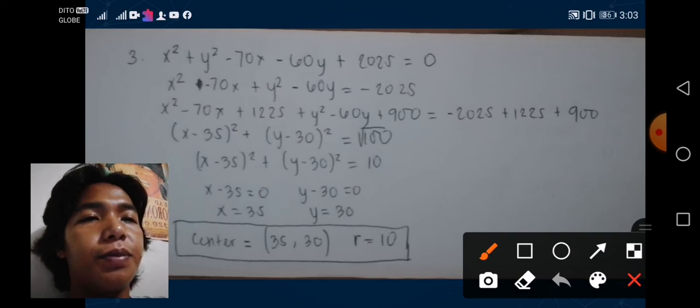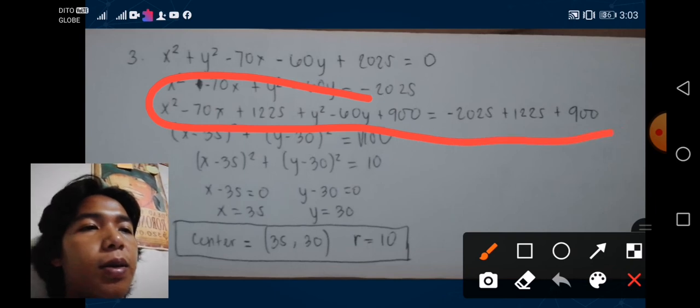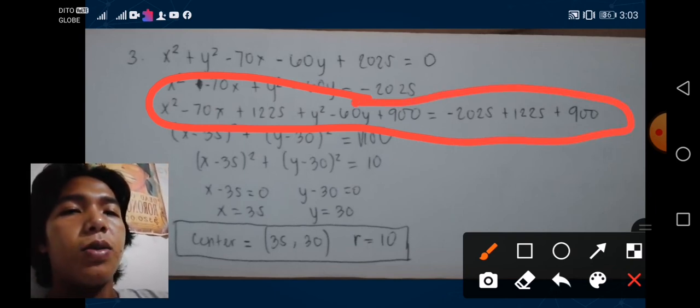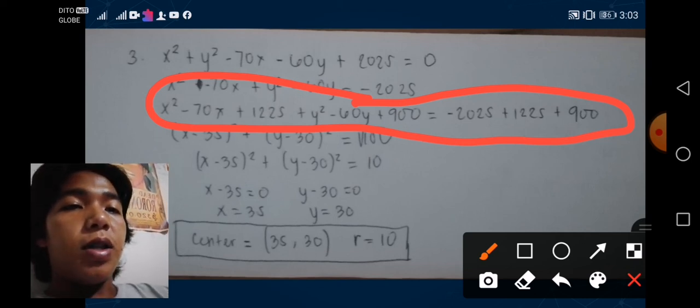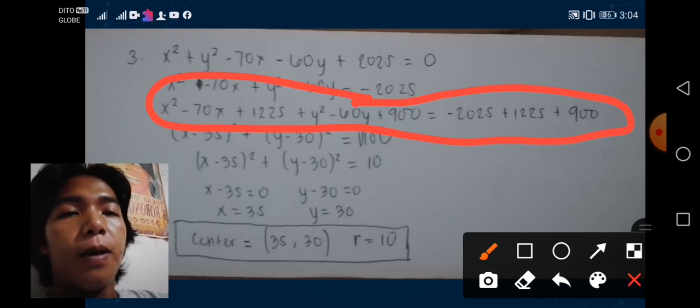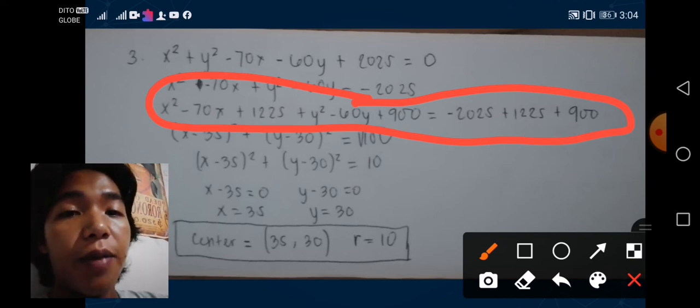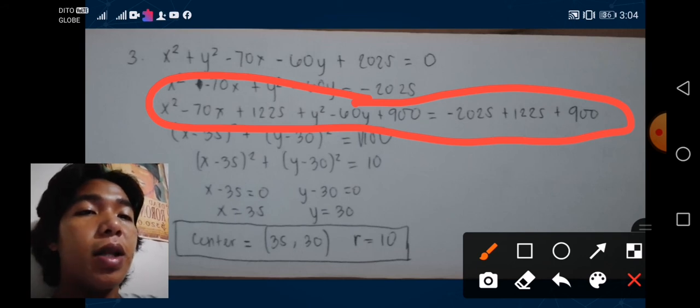And then in completing the square, x squared minus 70x, so plus 1225. How do we get the 1225? Divide 70 by 2. So we have 35. So 35 squared is equal to 1225.